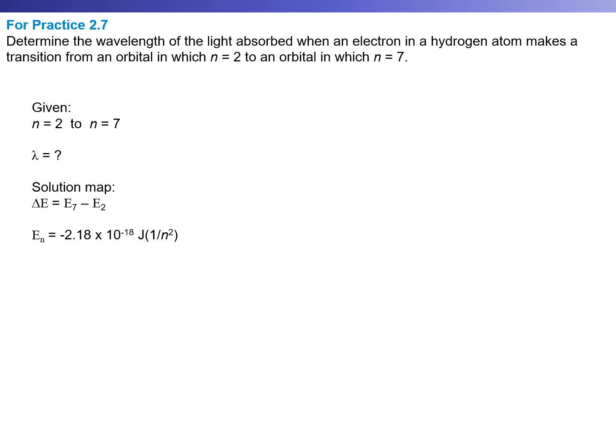Once we get this change in energy, that'll tell us about the energy of the light that was absorbed when the electron made that shift. Then we can correlate that change of energy to the energy of the photon that it took to energize the electron to make that jump. Now, there's a caveat to this. If you looked at how this problem was solved in the worked example, this statement held true.